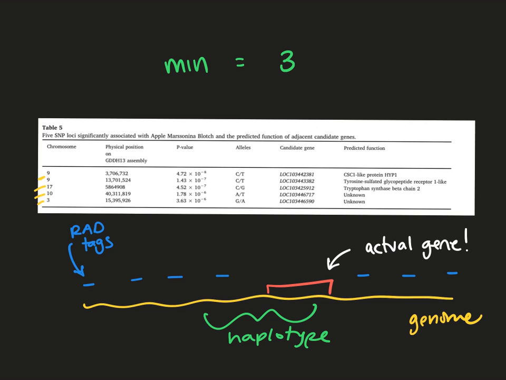So here it could say only explain maybe 1% of the variance observed in resistance to this disease. So when you are interpreting these results, make sure that you are actually thinking about that odds ratio as the effect size of what you're seeing. And the p-value is just the statistical support for that association.